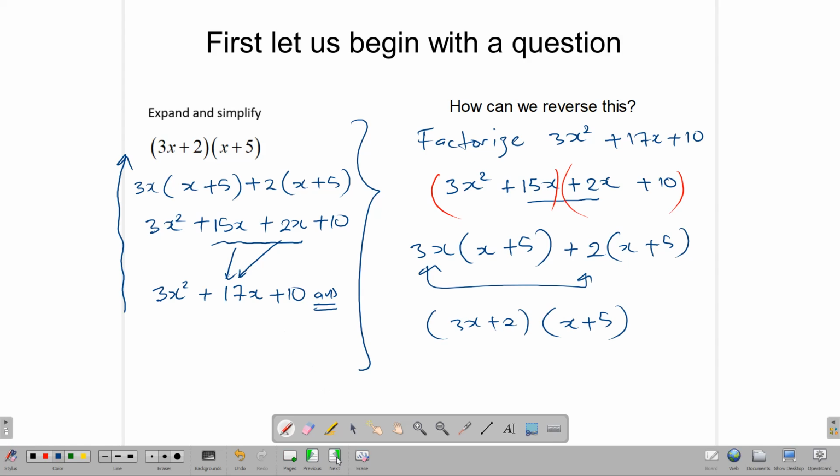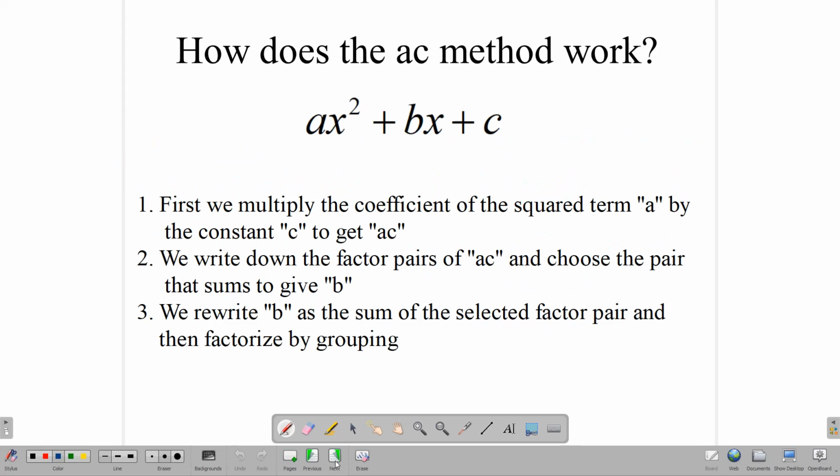Now, let's discuss what we mean by the AC method. The AC method and how it works, we have a couple of things to do. First, we need to multiply the coefficient of the squared term by the constant c. This is the coefficient of the squared term, a, which will be a number, and our constant c will also be a number. So we multiply a and c, and a times c gives us ac, our product.